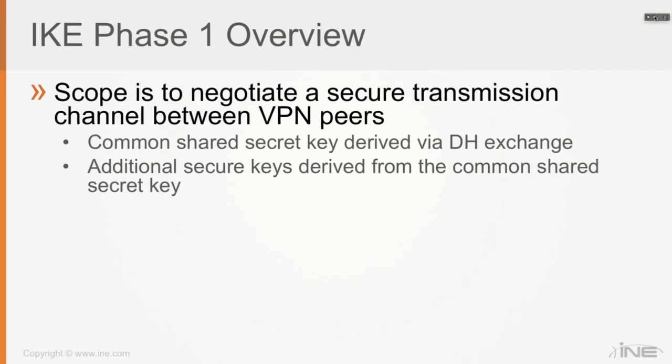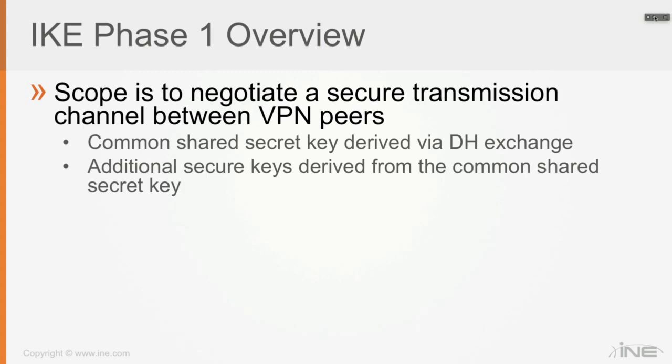And when phase 1 is up, both sides end up, through the Diffie-Hellman exchange, with a common shared secret key. And from that common shared secret key, which they never transmit over the wire, additional secure keys are derived.